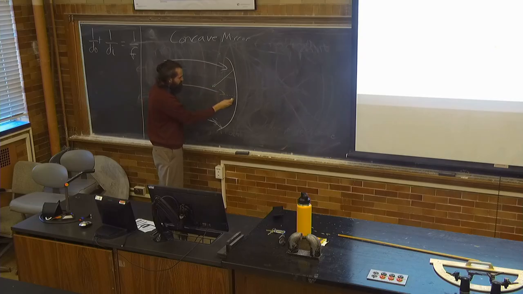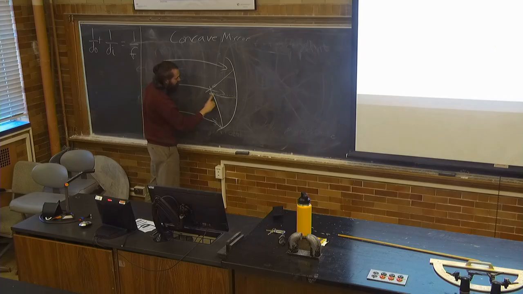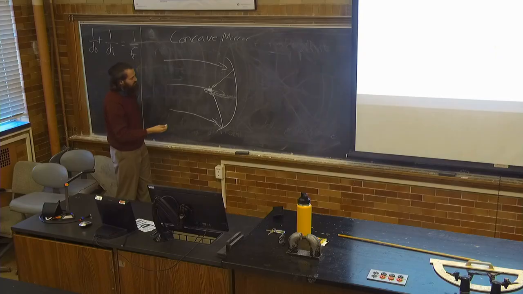So you might get something like this. This one is just hitting straight on, so its reflected angle would be like that. And then this one's coming in at this angle, so it'll get reflected kind of like this. So we get our light rays intersecting here. And so where your light rays intersect is your focal point.